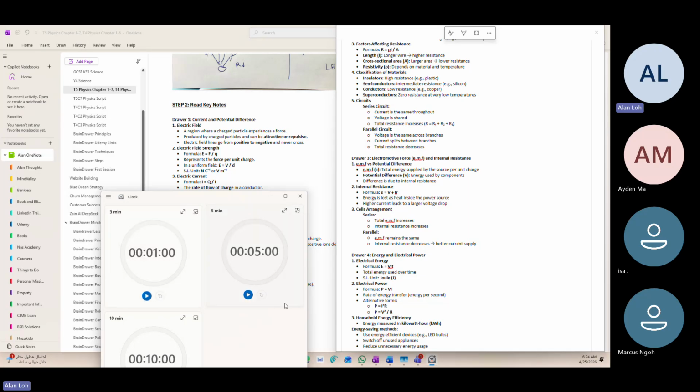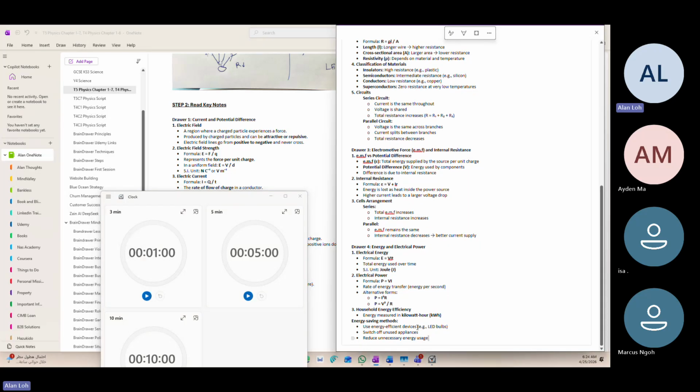Time's up. Now, you have, again, 2 drawers, like just now. I hope by now you should be able to remember the names of the drawers more easily. Then you have 3 main messages. The previous 2 drawers have 5, and this has 3.